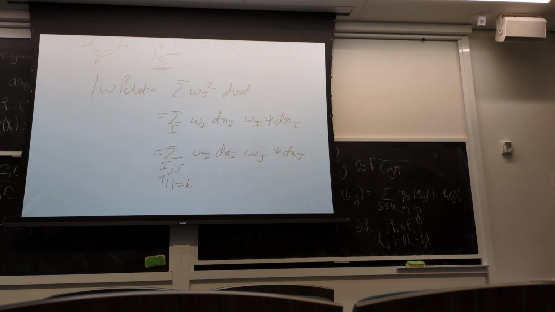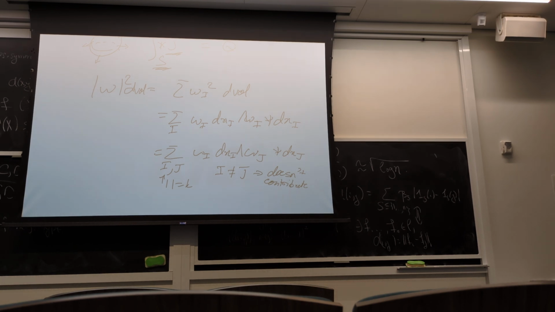Can someone explain to me why this should be true? I claim that if you have some case where I is not equal to J, this doesn't contribute. They're complementary dimensions, so you'll have a repeated index. Right.